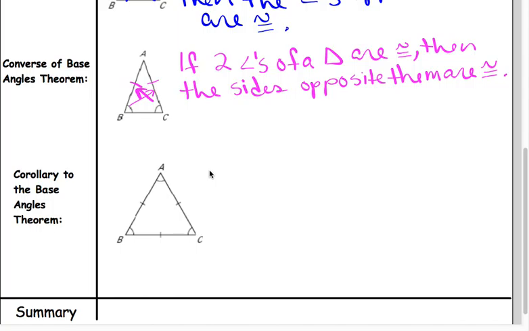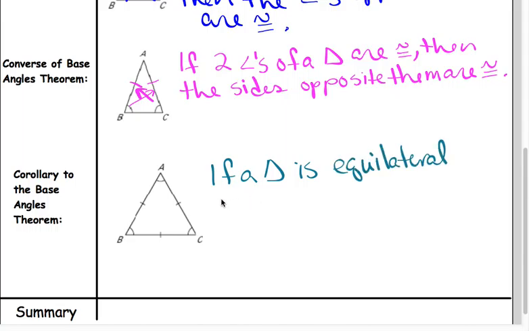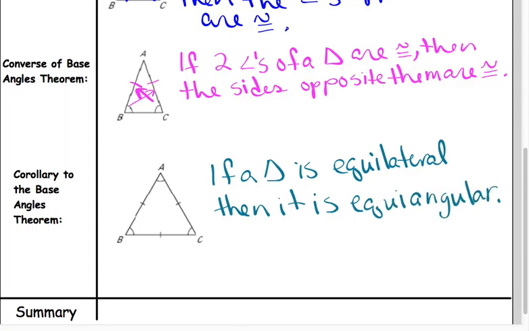So this corollary says if a triangle is equilateral, then it is equiangular. You probably already remember that from middle school.